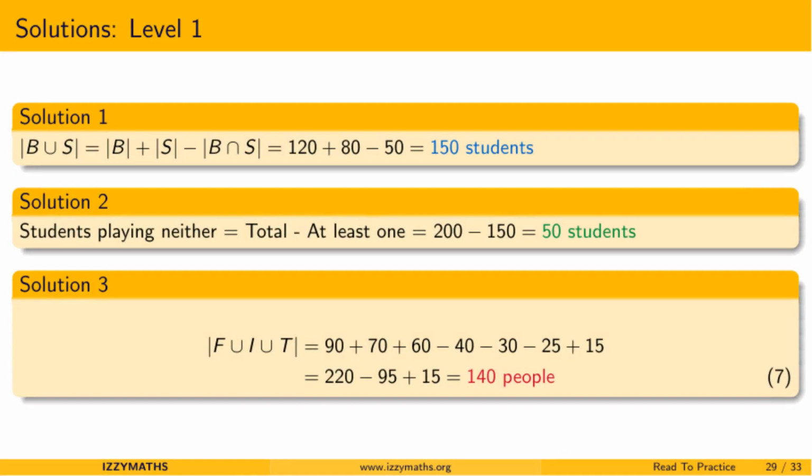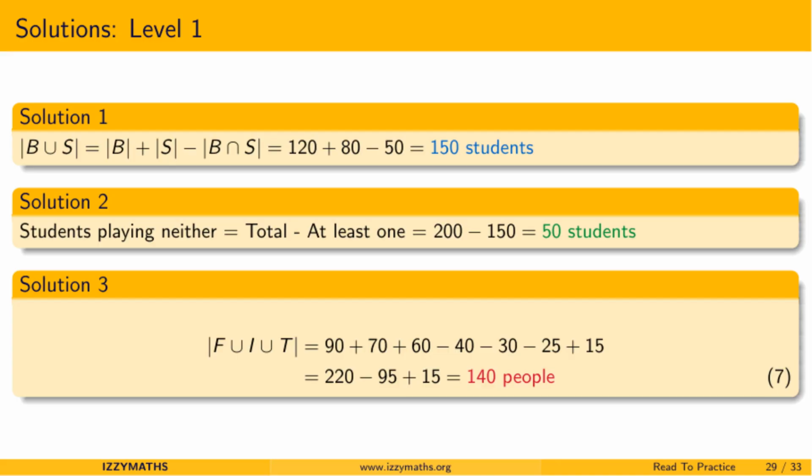Here are the solutions to our basic problems. Solution 1. The absolute value of B union S equals 120 plus 80 minus 50 equals 150 students. Solution 2. Students playing neither equals total minus at least 1, which is 200 minus 150 equals 50 students.